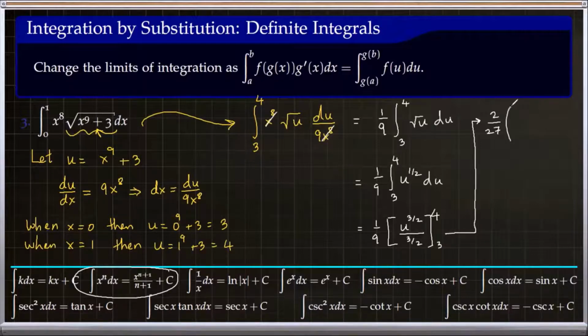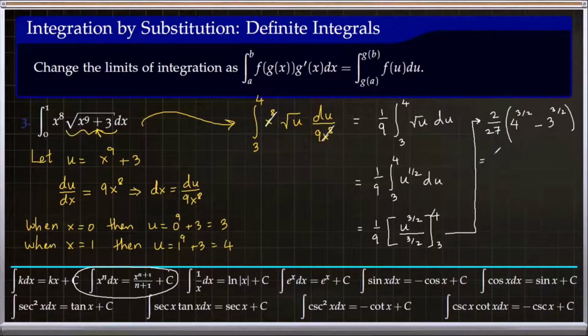Then here I can put down what we get when we plug in the values 4 and 3. So when you plug in u equals 4, we get 4 to 3 by 2, minus when you plug in u equals 3, we get 3 to 3 by 2.